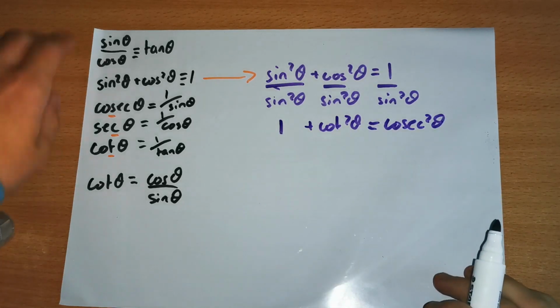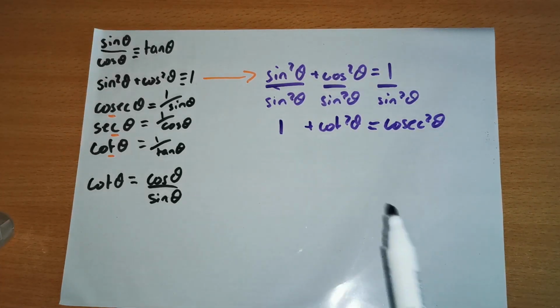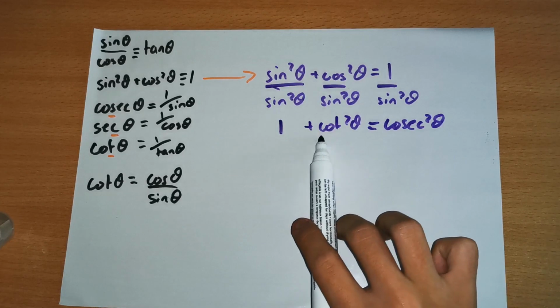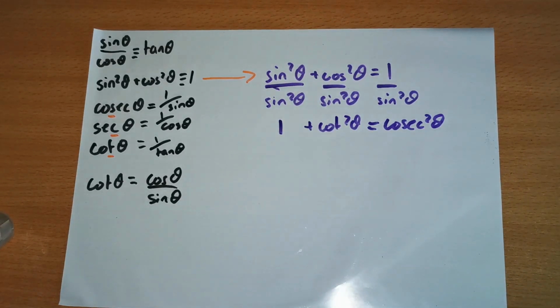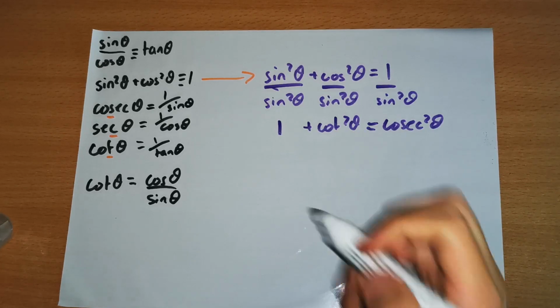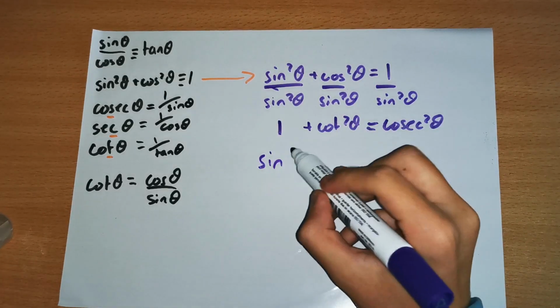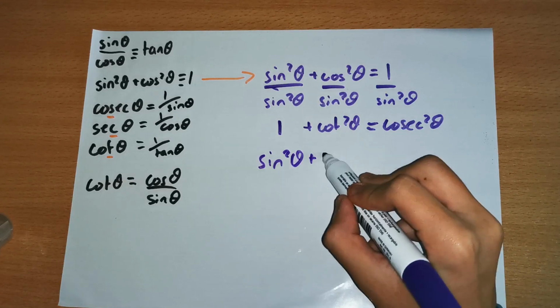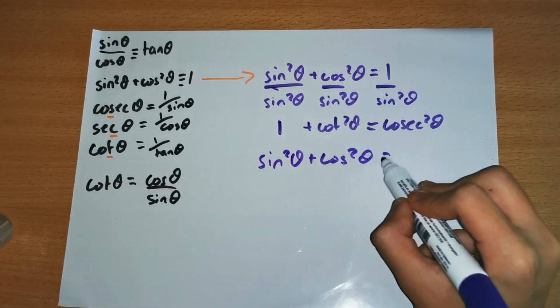I like to remember this one by the fact that it's going to be cosec with a C, cot with a C, and there's the 1. I think that's a nice way to remember it. Cosec, cot, 1. This is the one that has the C's in it. So if we rewrite this, we get sine squared theta plus cos squared theta equals 1.